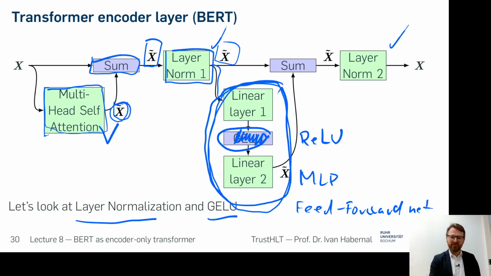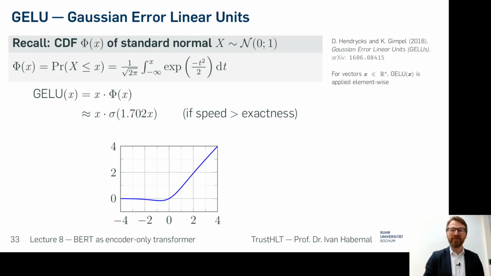Now let's have a look at this fancy GELU thing. Is it any different from ReLU? Well, yes and no. I'll just show you a picture and you will understand. So this is GELU, and how does ReLU look? ReLU is just a line, and in GELU there's this little spline thing.